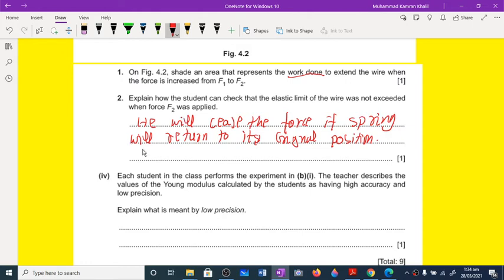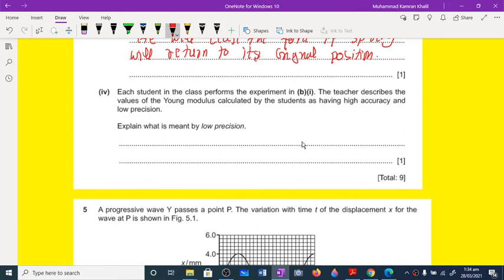Each student in the class performed the experiment in B2. In B1, the teacher describes the value of the Young's modulus calculated as high accuracy. High accuracy means that the answer is close to the original value, and low precision. Now, I will draw this diagram. If this is the point represented by the accurate answer, these values are close to the accurate answer, but they are all scattered.